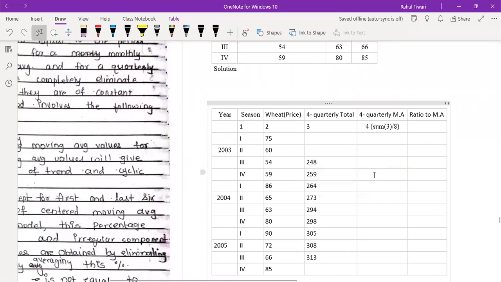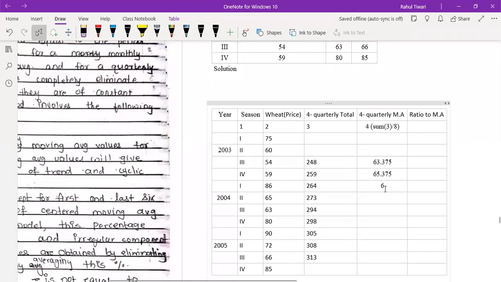Just check whether you are coming to 375. 375, right? Yes. Similarly, 65.375.